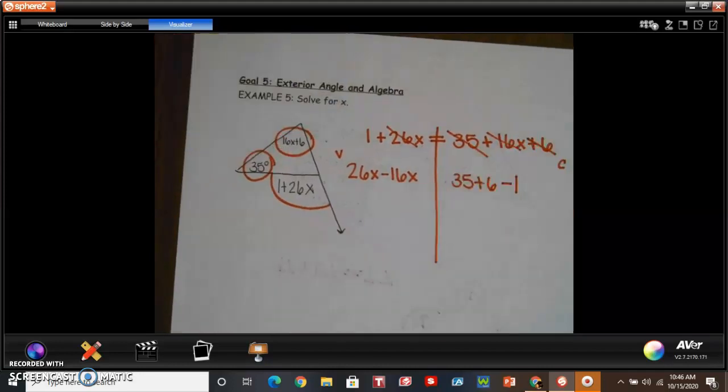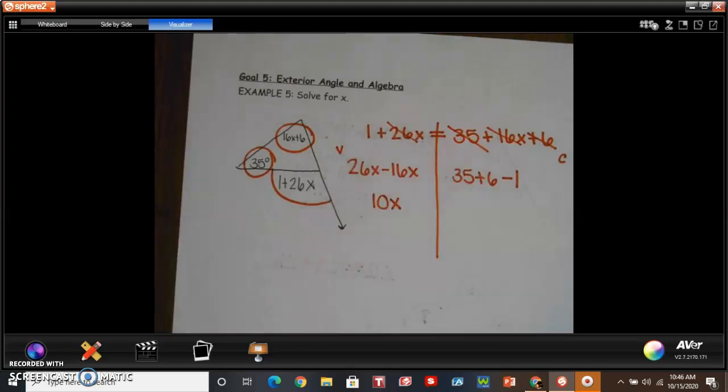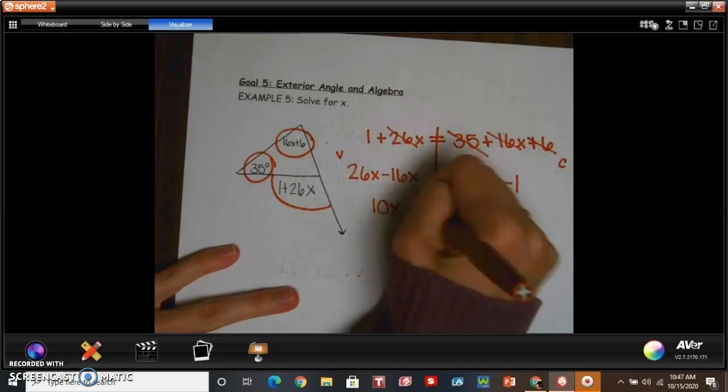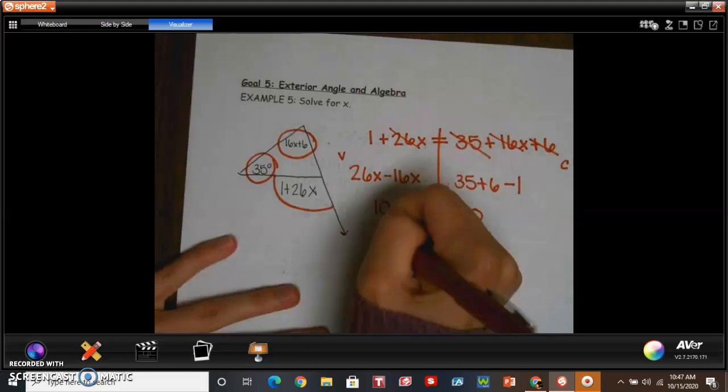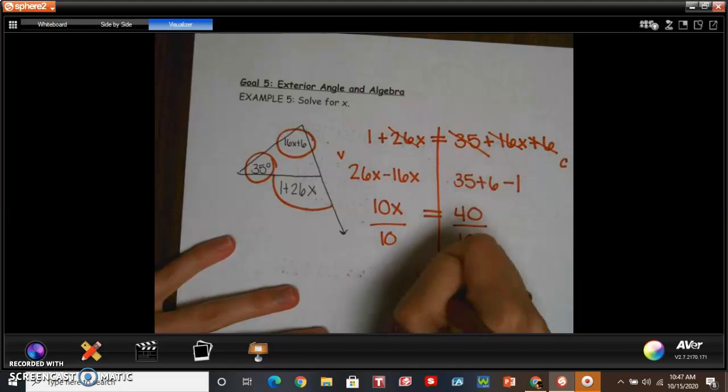All right, so what is 26x minus 16x? I do believe that is 10x. All right, then we have 35 plus 6 minus 1. That gives us 40. All right, let's solve for x. We're going to divide by 10 to get x by itself, and we get our answer as x equals 4.